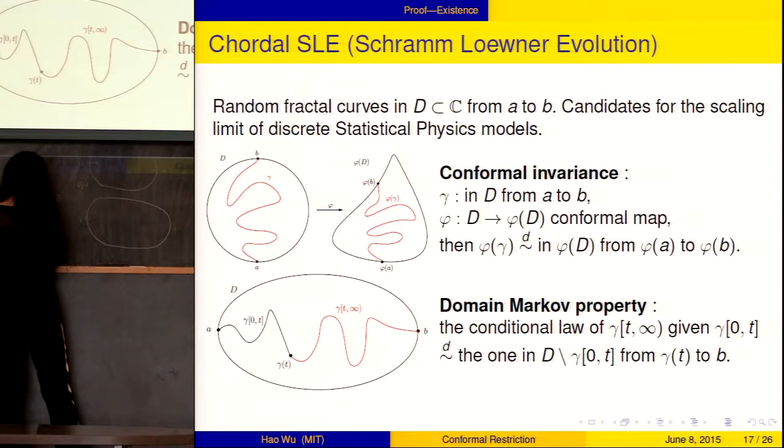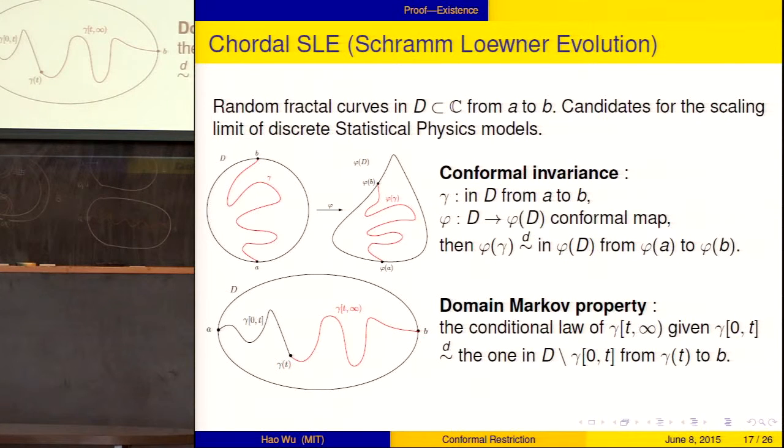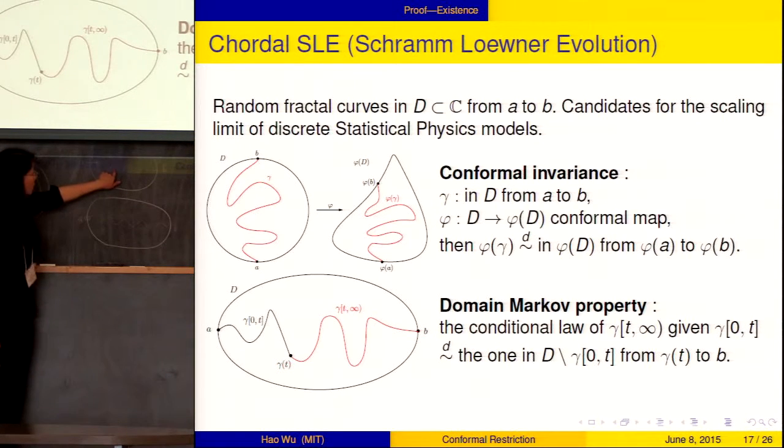Then the image of the future part of the curve should have the same law as an SLE curve in D from A to B because of the conformal invariance and domain Markov property. So this tells us the image of this future part under this conformal map is independent of what happens in the first step, and it has the same law as an SLE curve in D from A to B.